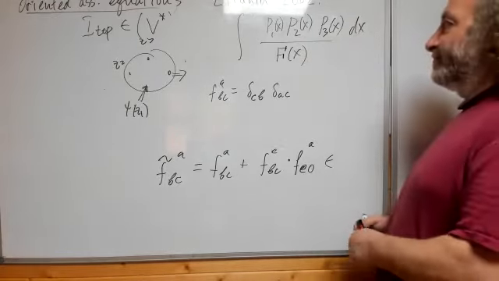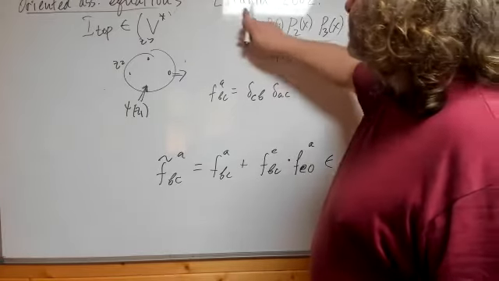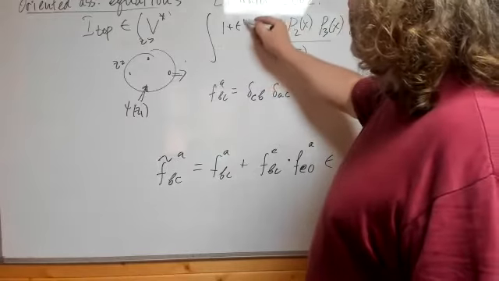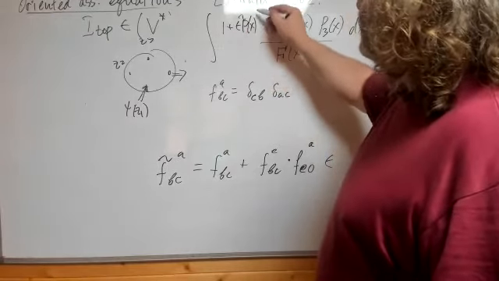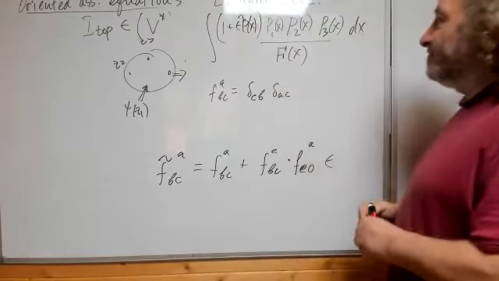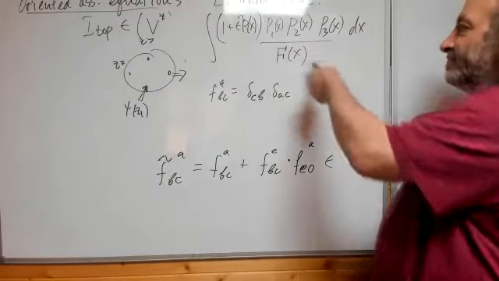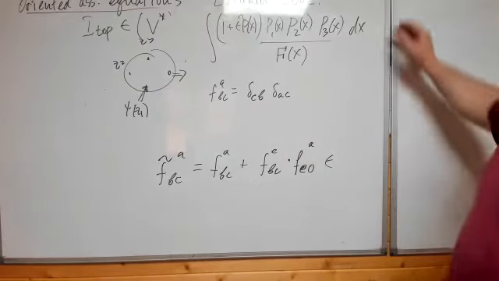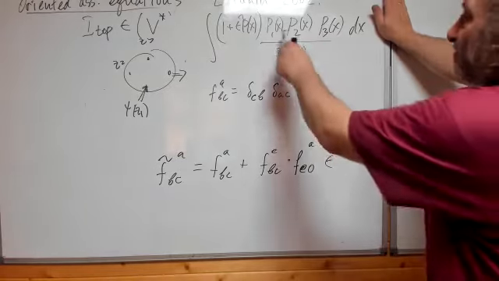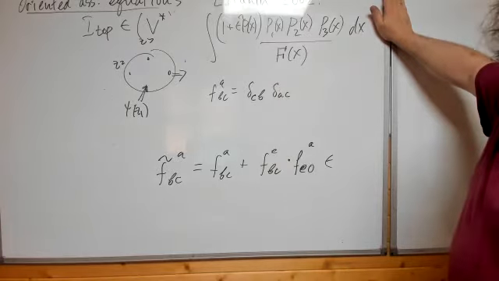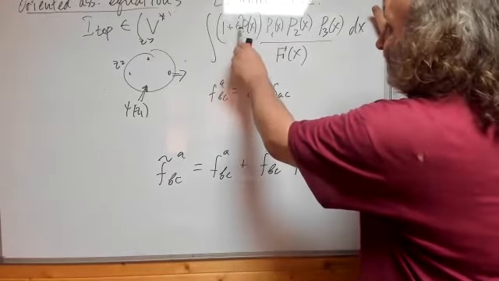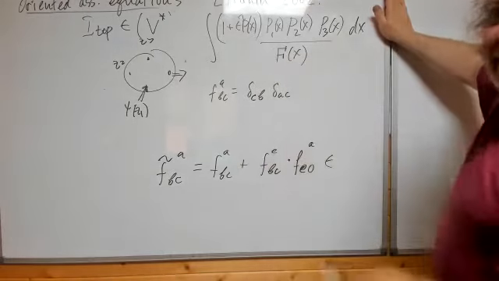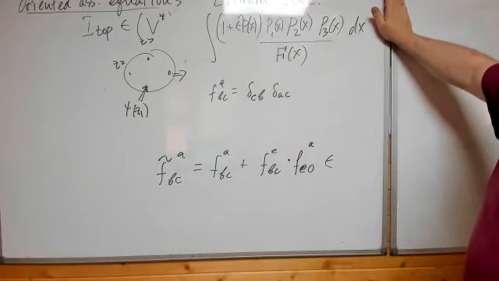Now, the deformation like this still brings associative multiplication, because this 1 plus epsilon p of x somehow renormalizes the function f of x downstairs.